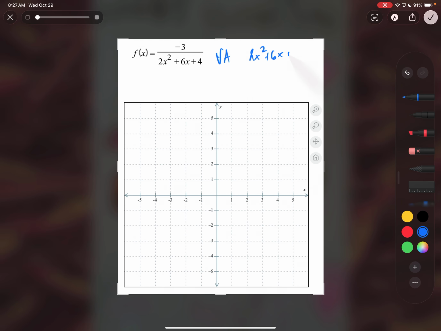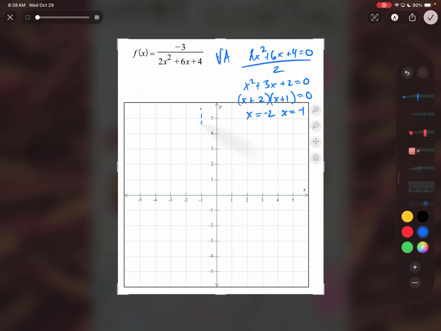You may have to factor on these. I can divide everything in here by 2 to start. So that becomes x squared plus 3x plus 2 equals 0. So x plus what multiplies to be 2 and adds up to be 3? 2 and 1, right? 2 plus 1 is 3. 2 times 1 is 2. So my two answers here are -2 and -1. On this one, I have 2 vertical asymptotes. So that is fine. You can have 2 vertical asymptotes.